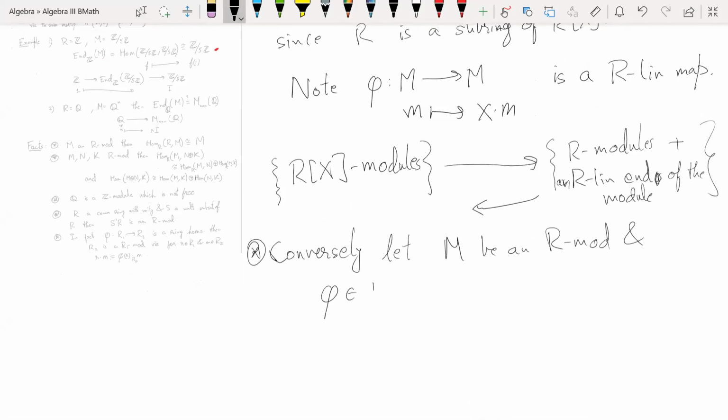Phi belongs to End_R(M). Then how do we define an R[x] module structure on M?